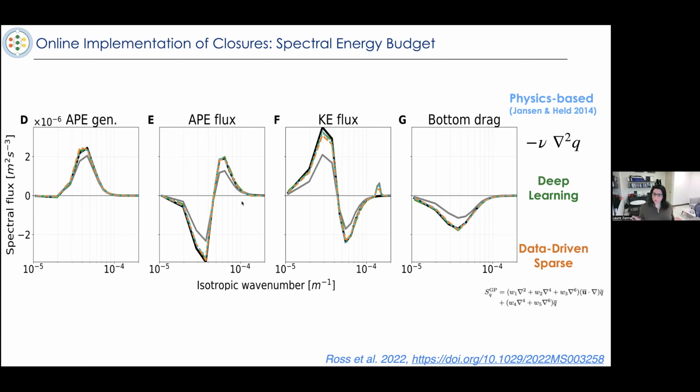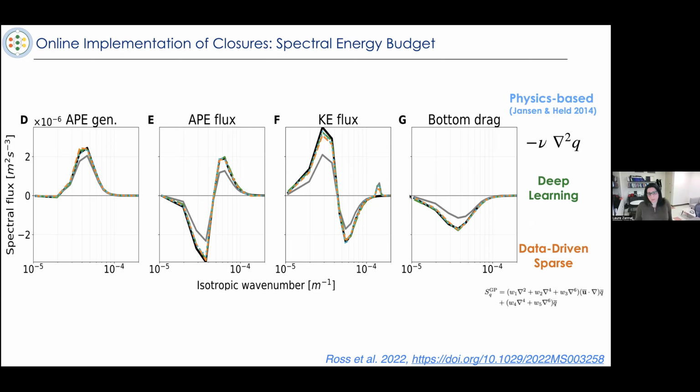But still, the closures are doing the right thing. The difference is, Jensen and Held has one parameter. The deep learning network has, I can't remember how many, but tons. And the equation discovery has just a few more than Jensen and Held, but only a few.